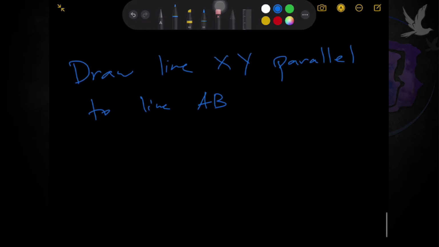So, in other words, let's say sa book ninyo, you already have a line there given. That is line AB. So, all you have to do now is to draw a line XY. So, if you notice, you are tasked and given points X and Y. So, kailangan nyo mag-draw lang ng line that will form parallel line to line AB.